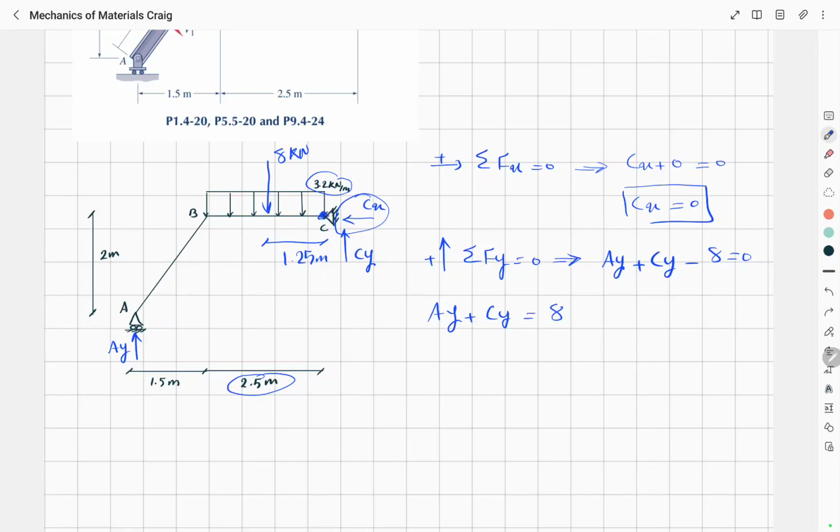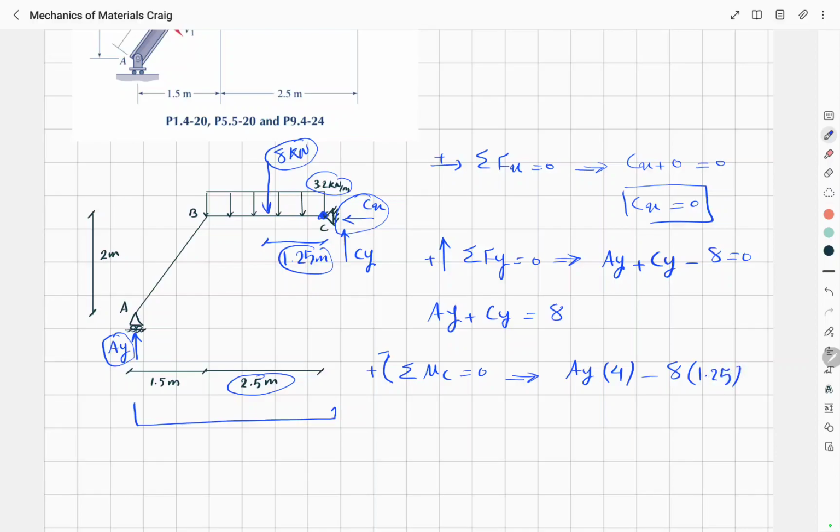And finally, if we take the moments about point C, we can write sigma MC equal to 0 in this direction. So AY multiplied by this distance, which is 4 meters, minus 8 multiplied by 1.25 is equal to 0.